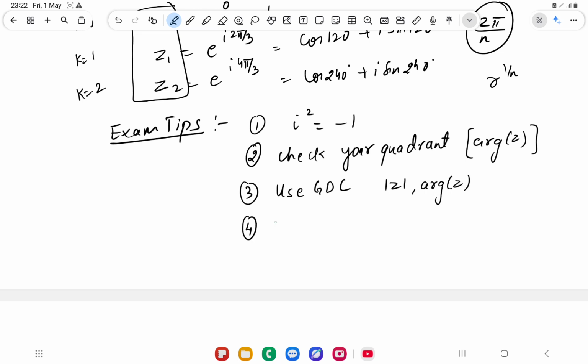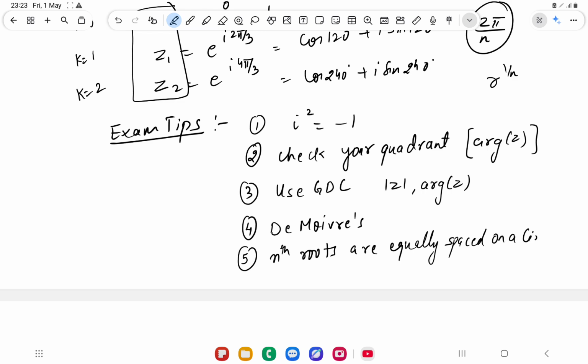The fourth one is the most important, which is your best friend for powers and roots, that is de Moivre's theorem. And the next one is, nth roots are equally spaced on a circle. So whenever you are drawing any Argand diagram, you should be careful. Just remember these 5 tips whenever you are solving any complex number question in the exam.